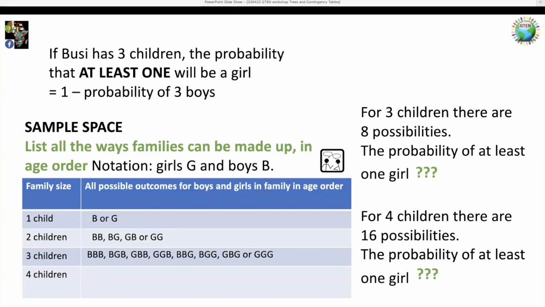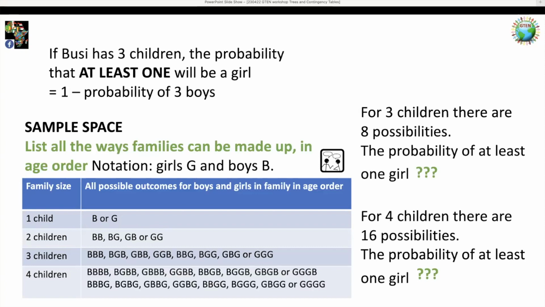So for 3 children, there are 8 possibilities. And the probability of at least one girl is 7/8. What about 4 children? There you go.